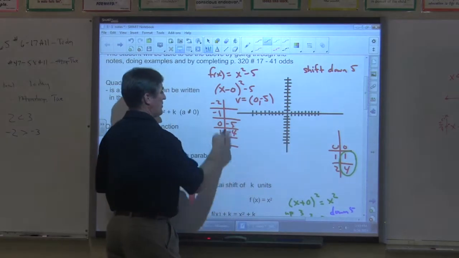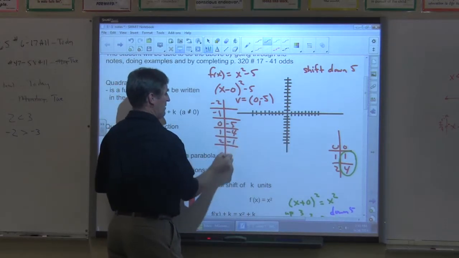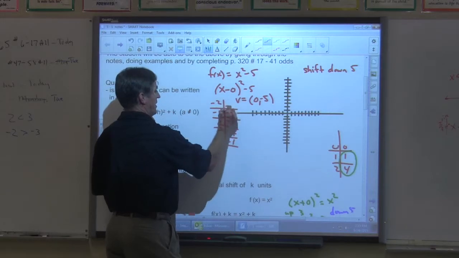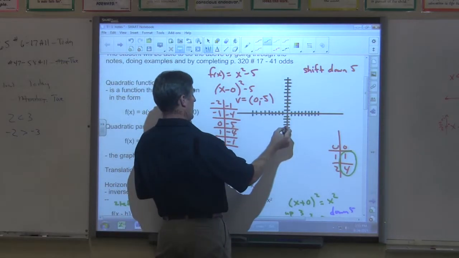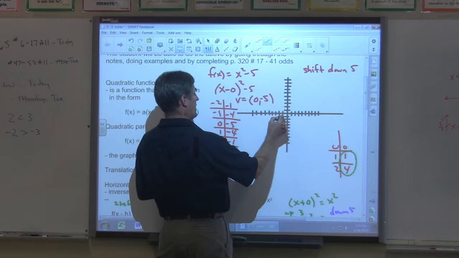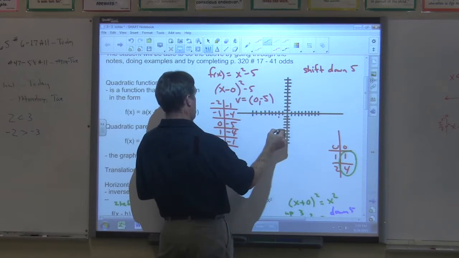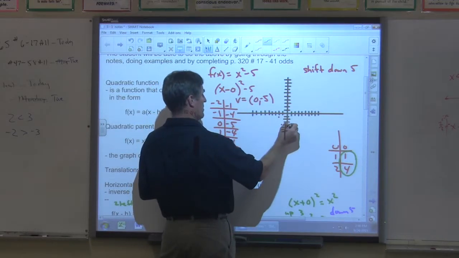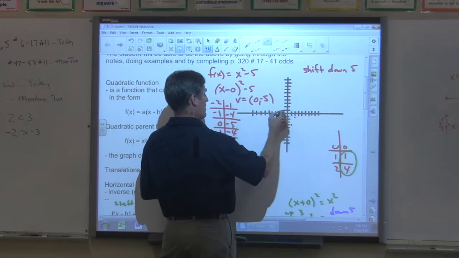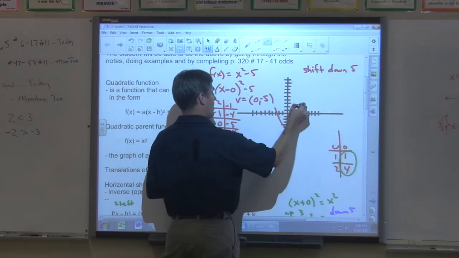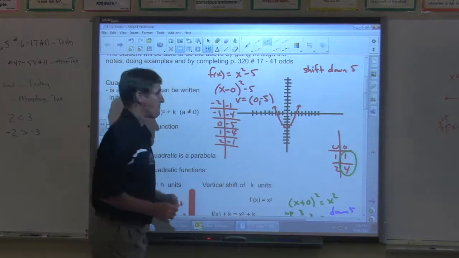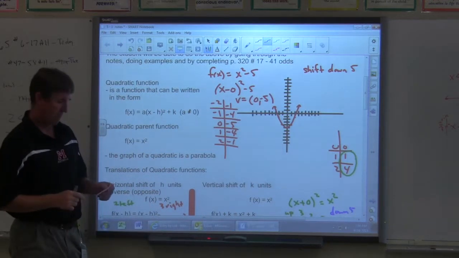And 1 times 4 is 4, so I would go up 4 from negative 5 and be at negative 1. And these would be the same. So at negative 2, we're at negative 1. At negative 1, we're at negative 4. And so we get our graph. And that's all you have to do on those.